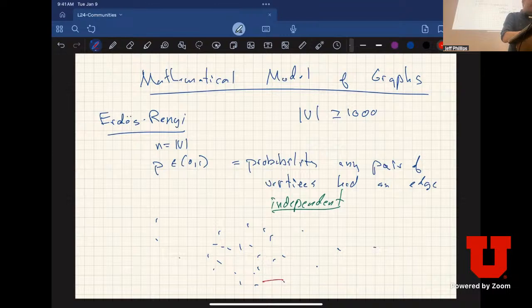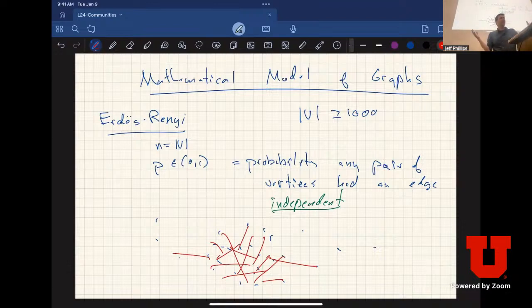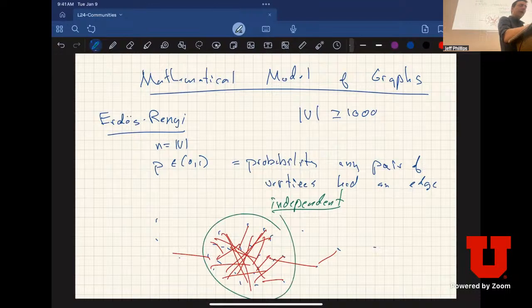And what happens is, as you increase the value p, you get more and more connections, and these are random connections. And there was actually structure that emerged. At a certain point, you would start to see the emergence in the middle of some kind of shape, which is often called a hairball.